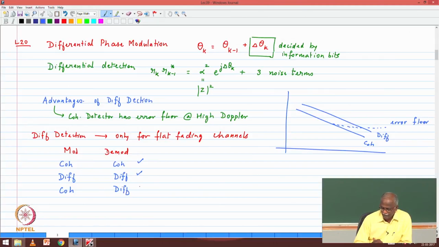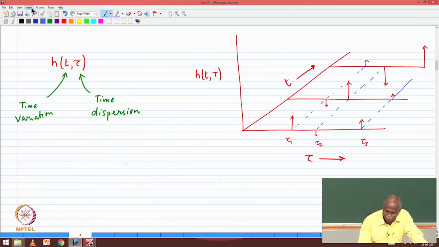Nothing prevents me from doing that, but I really did not gain anything. And of course, if I do differential modulation and try to do coherent detection, also there was no advantage. In fact, there were some disadvantages with the cross combination. So basically, there are coherent techniques and differential techniques, and each of them has its benefit in terms of our usage in a fading channel.